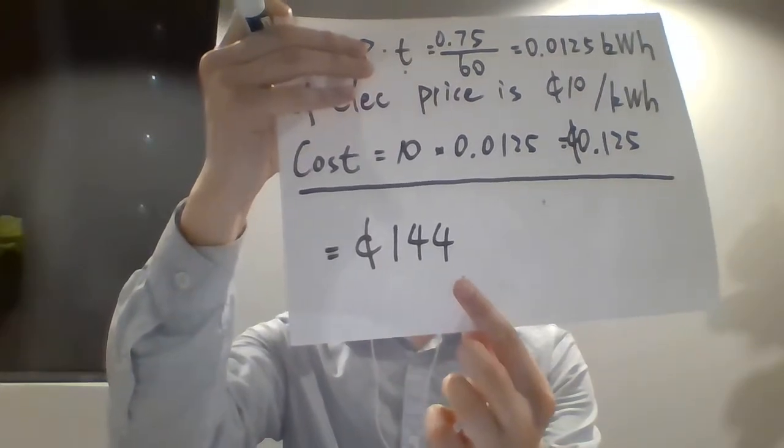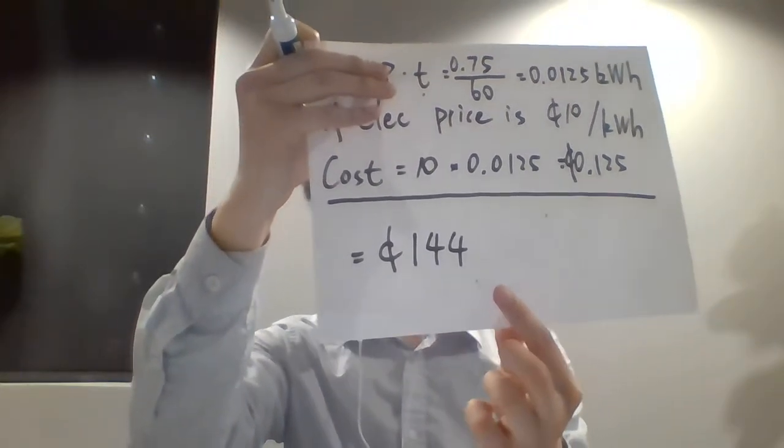That's the total cost, which equals 144 cents. The answer is 144 cents, which is $1.44. That's how much you pay for watching the television 2 hours a day in a month.